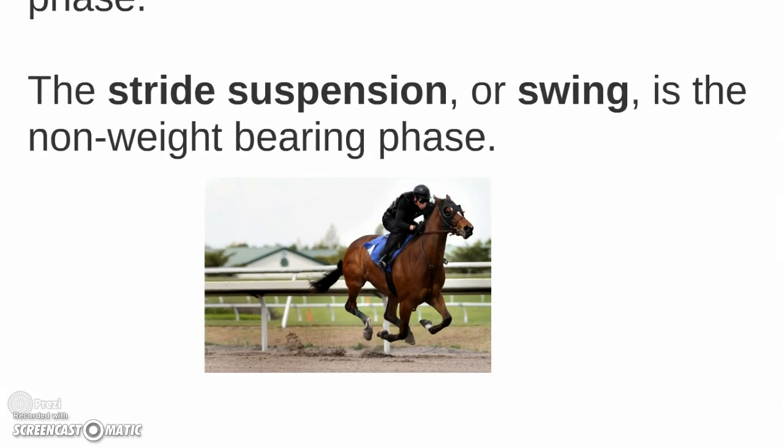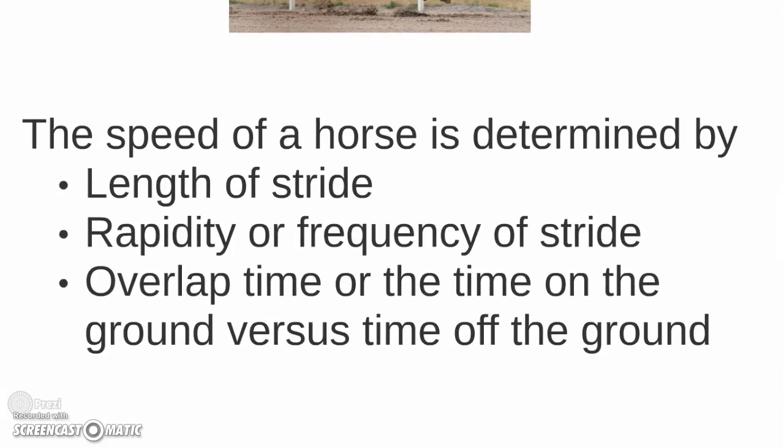The stride suspension or swing is the non-weight-bearing phase. The speed of a horse is determined by the length of stride, rapidity or frequency of a stride, and the overlap time, or the time on the ground versus time off the ground.